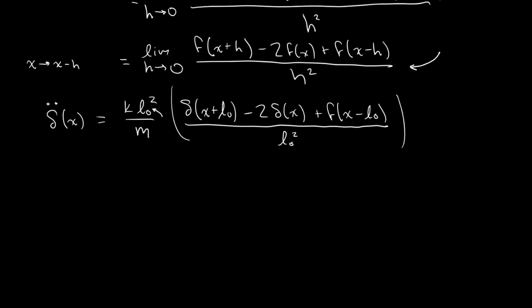But also, if we think about this physically, if I try to take L naught to 0, I'm trying to cram a whole bunch of masses right on top of each other. And in particular, I'm trying to cram an infinite number of masses into an infinitesimally small region of space.